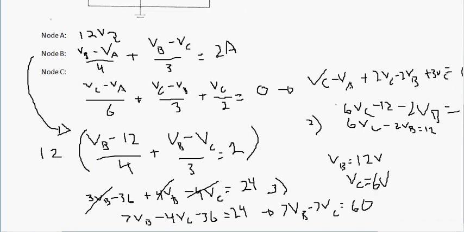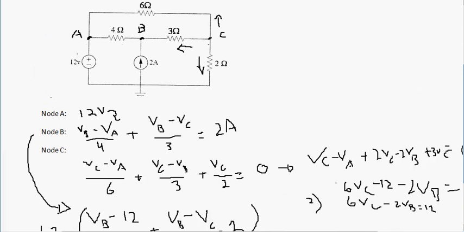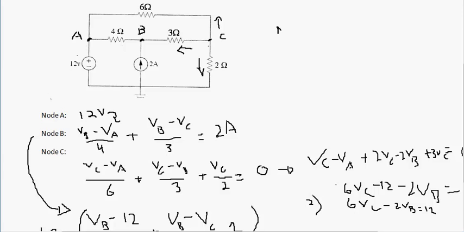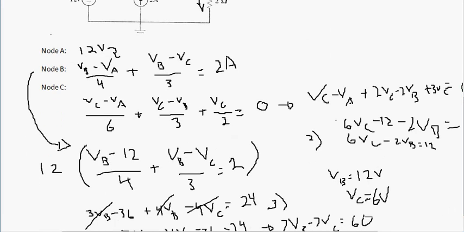So what we're saying is that node A, which is right here, is 12 volts. Node B, which we solved, VB, is 12 volts.